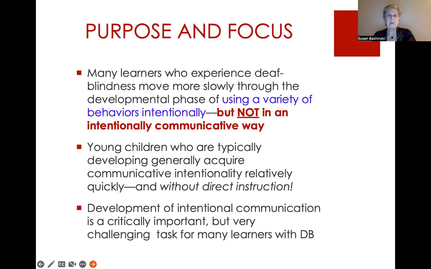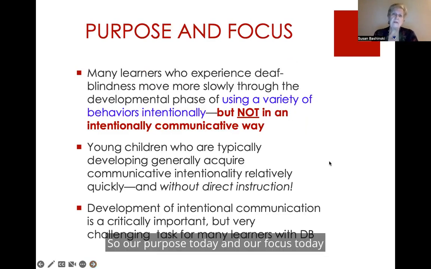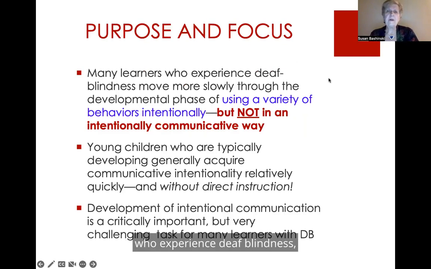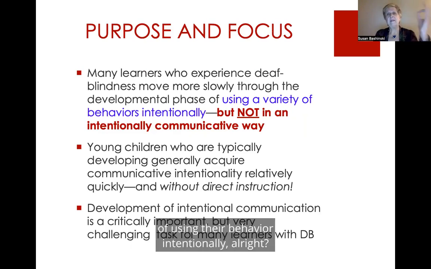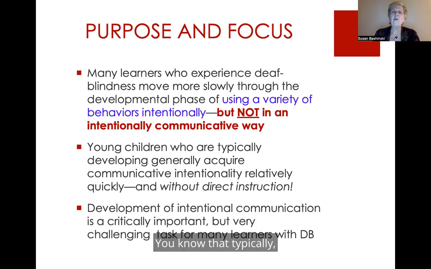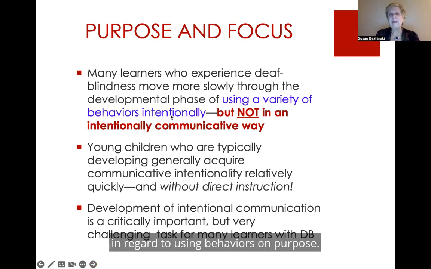Okay. So our purpose and our focus today is to realize that many learners who experience deafblindness move more slowly through the developmental phase of using their behavior intentionally. All right. You know that typically kids with deafblindness do develop more slowly, but this is especially true in regard to using behaviors on purpose.